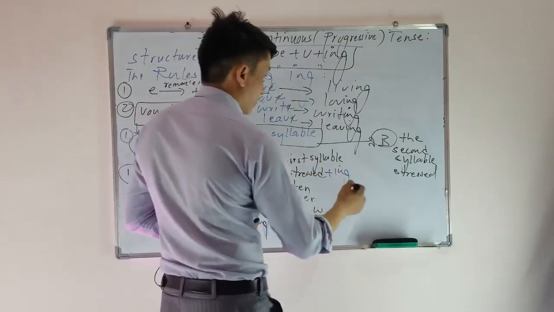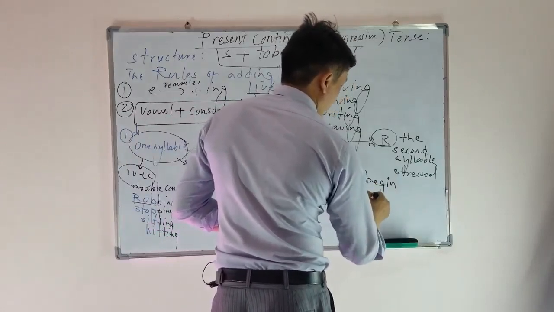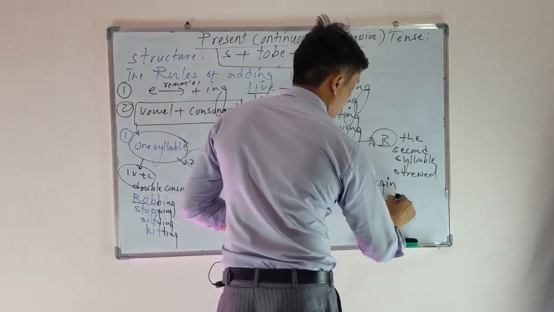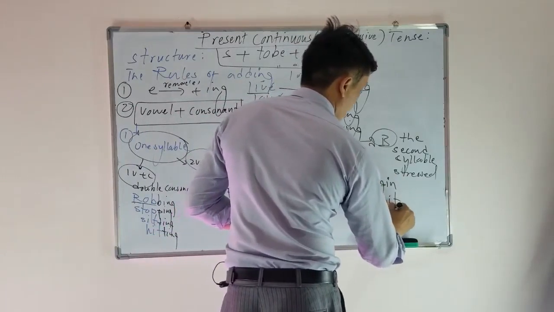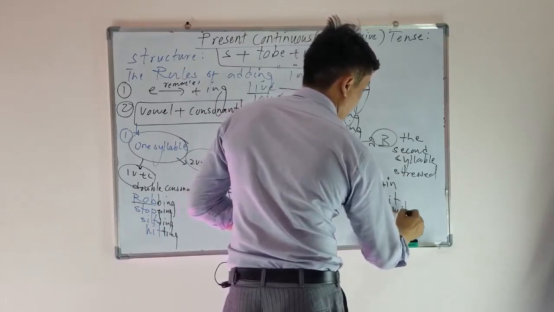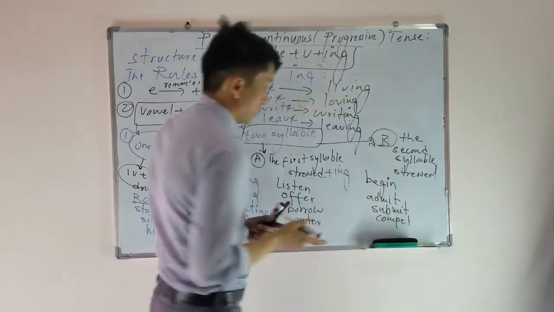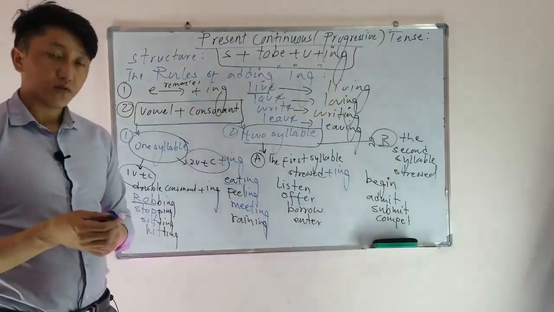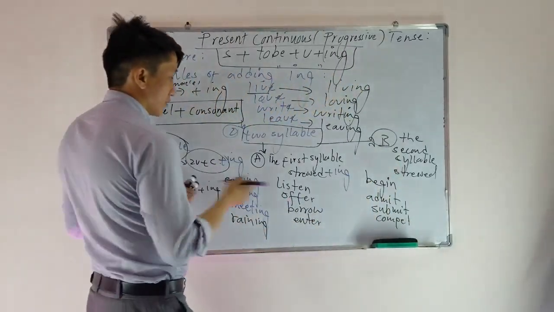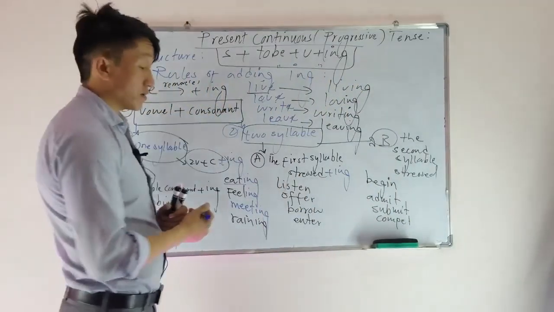And here on the other hand, if I have a word begin, if I have admit, if I have submit, if I have compel. Now, if we have two syllable verbs, for example, listen, two vowels, two syllables.